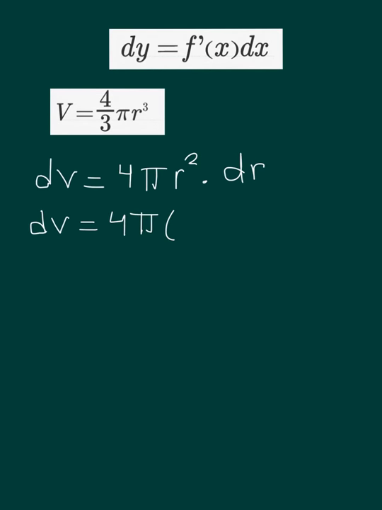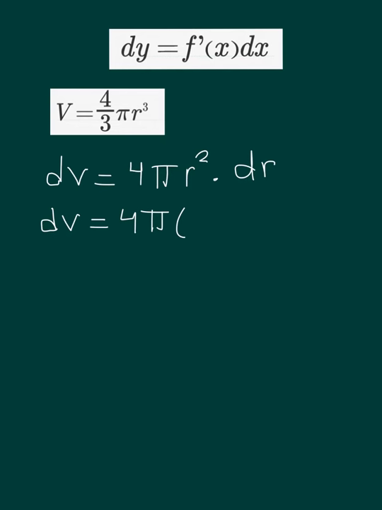The radius is 9, squared, times the differential of the radius, which is 1 centimeter. So that will be 9 squared, 81, 81 times 4, it will be 324 times 1, 324 pi.